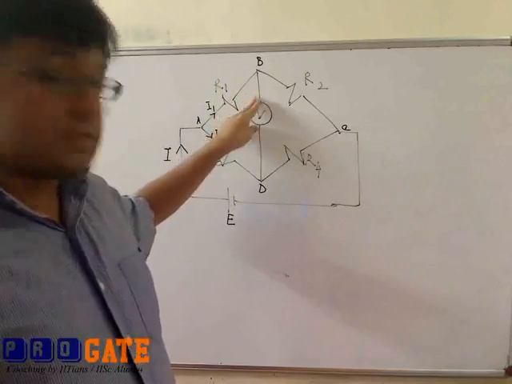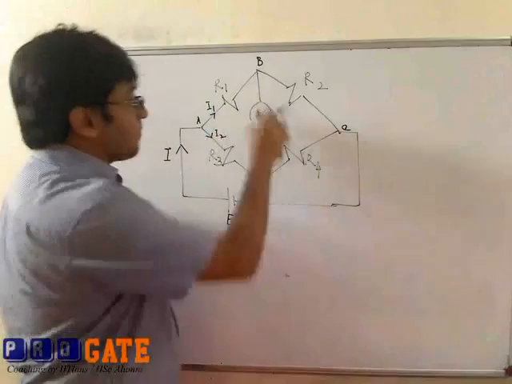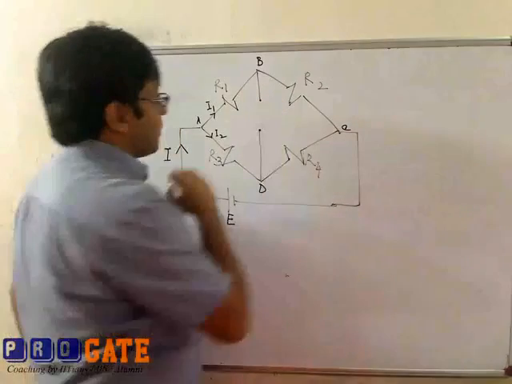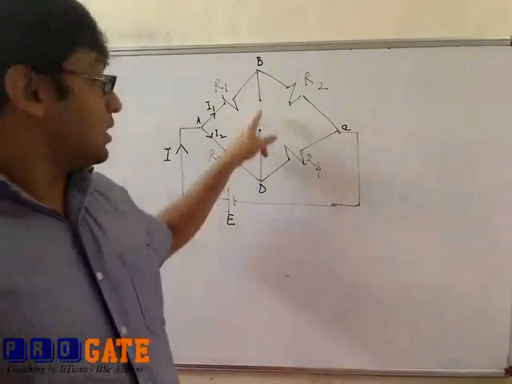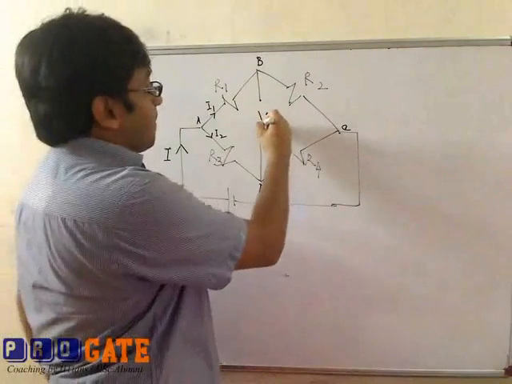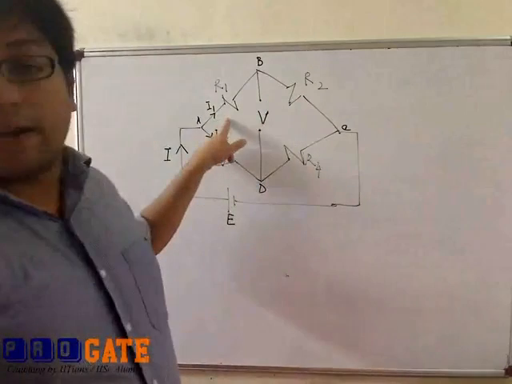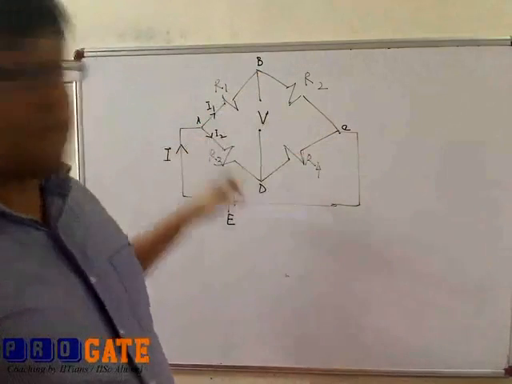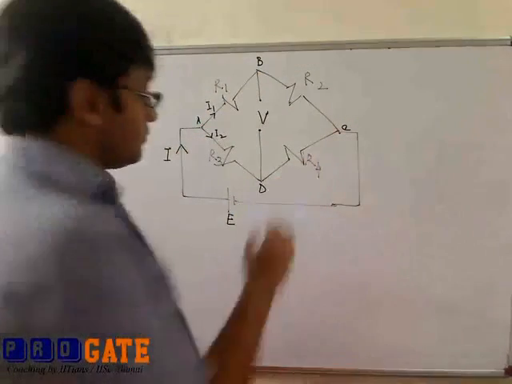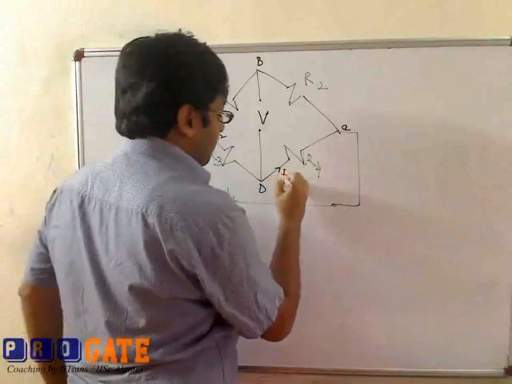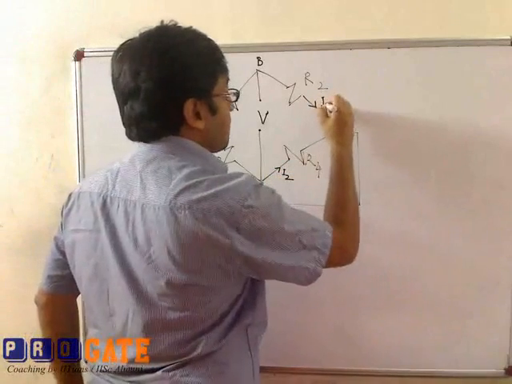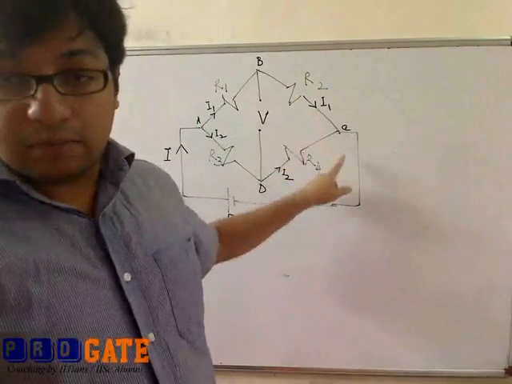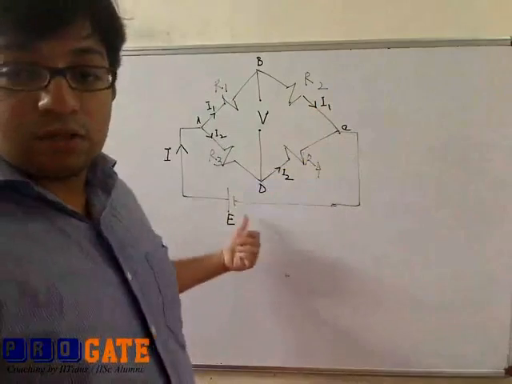Therefore, we can think of this part as an open circuit. So if this were an open circuit, then the current I1 would flow into the arm BC and the current I2 would flow into the arm DC. They would then again combine at the node C and flow back into the voltage source.